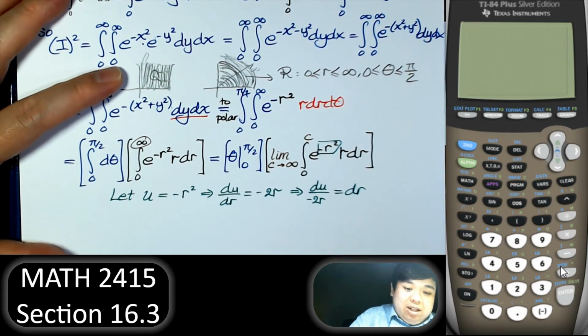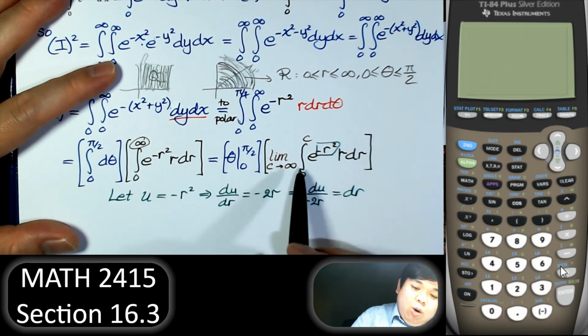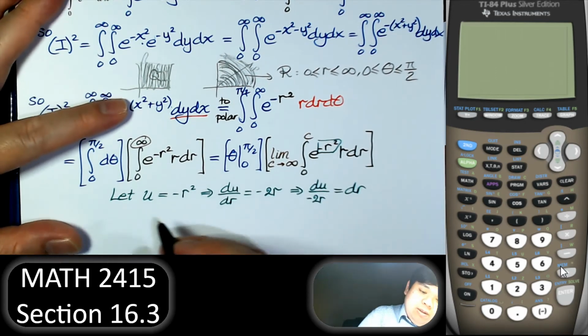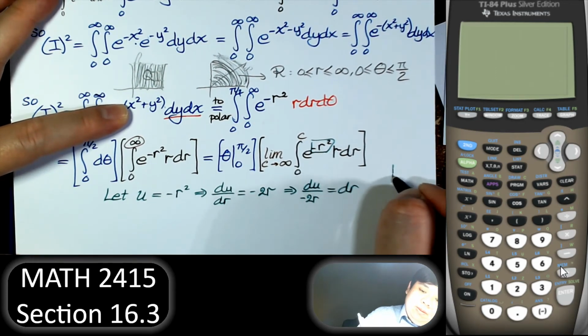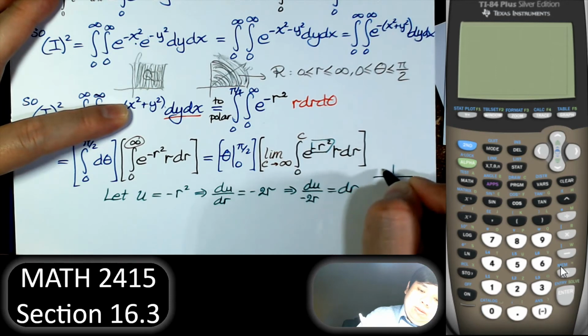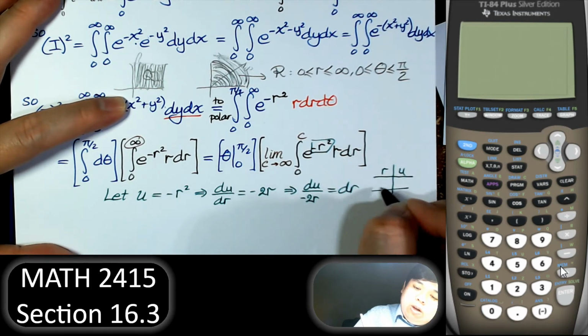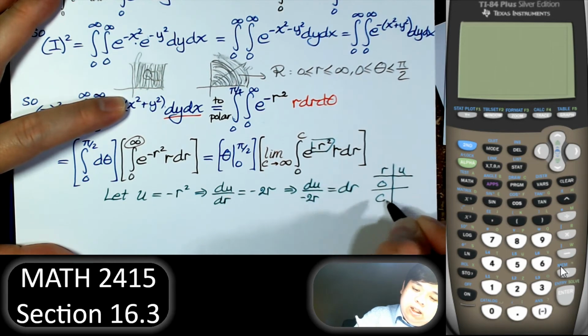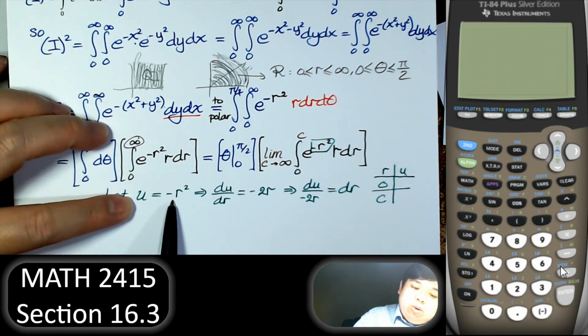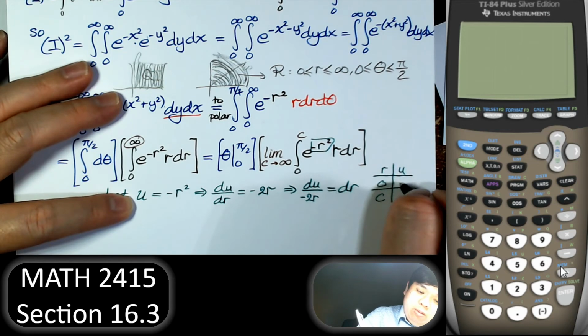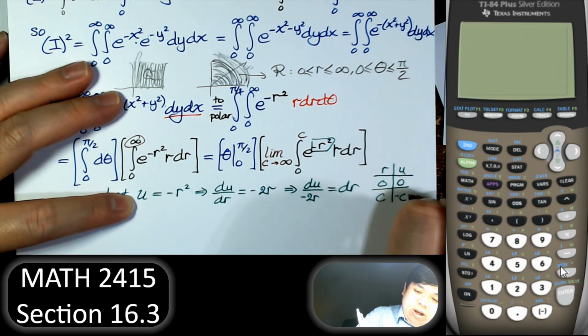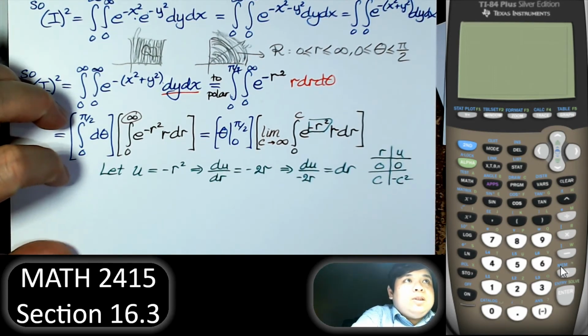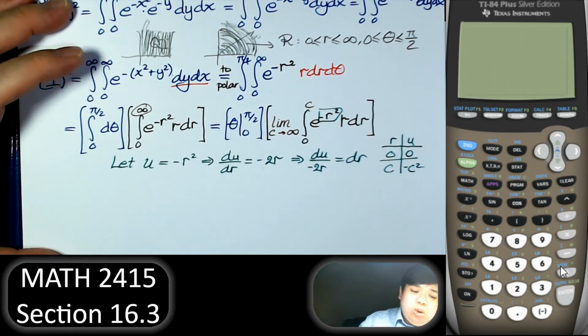Now in terms of the limits, r goes from 0 to c, and u is equal to negative r squared, so this will go from negative 0 squared to negative c squared. Right, so use that substitution.